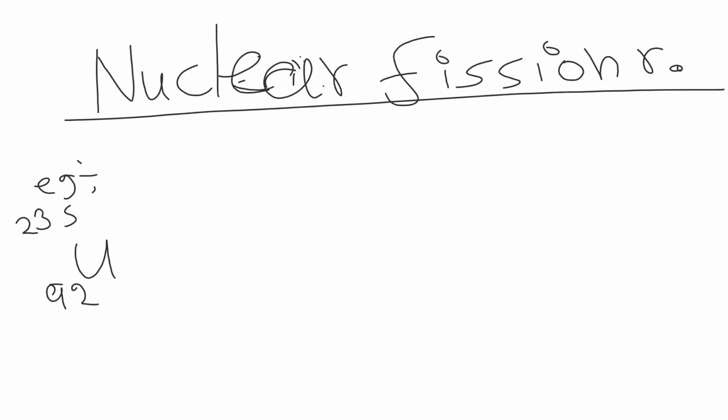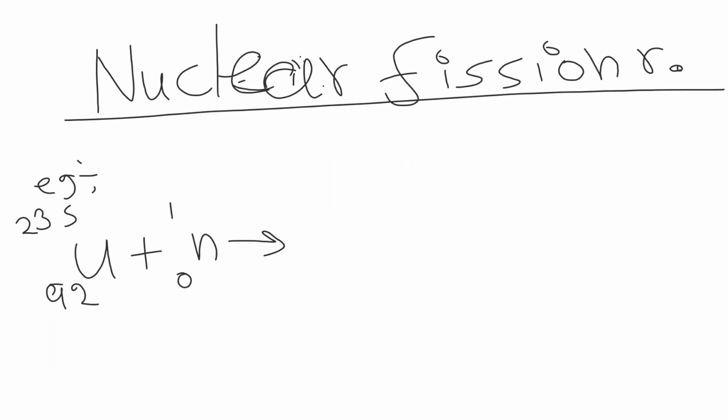Example equation: uranium-235 is attacked by a neutron. This is a nuclear power station.